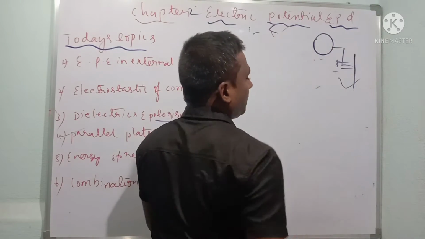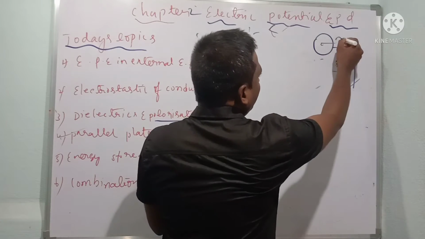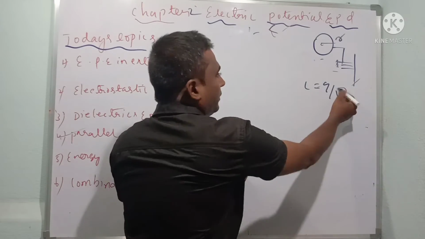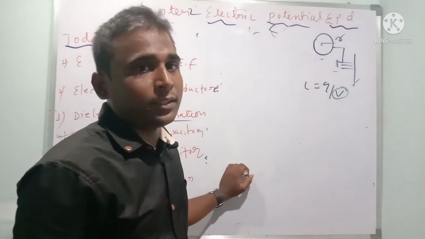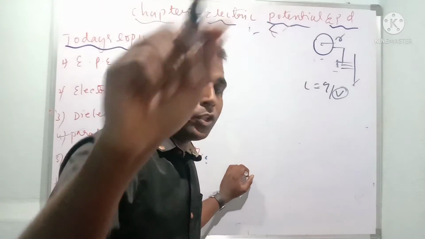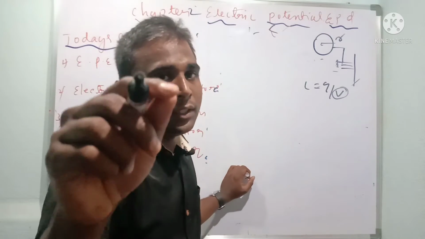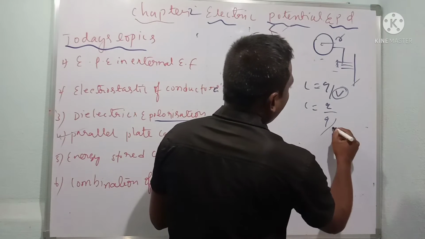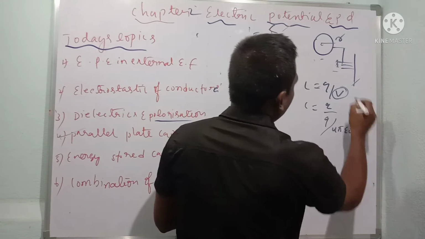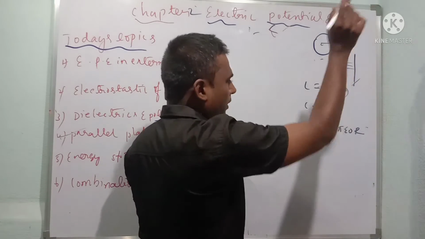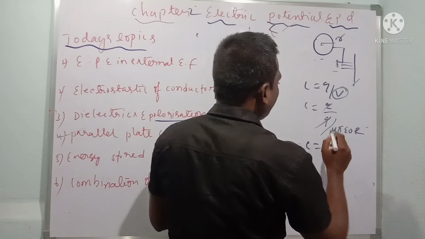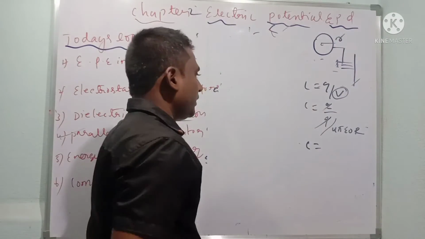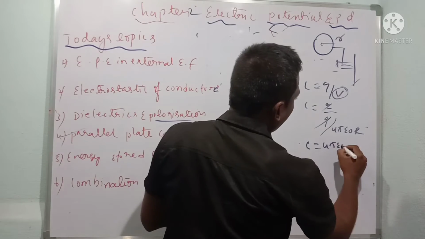This is a spherical capacitor and this is radius R. We know that capacitance C is equal to Q by V. Potential, as we discussed in the previous class, is K into Q by R, that is 1 by 4 pi epsilon into Q by R. Then C is equal to Q divided by Q over 4 pi epsilon naught R. So Q cancelled, and the capacitance of a spherical capacitor is given by 4 pi epsilon naught R.